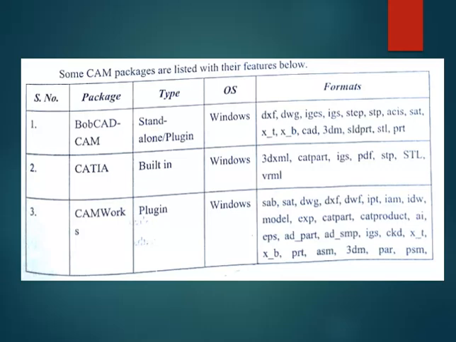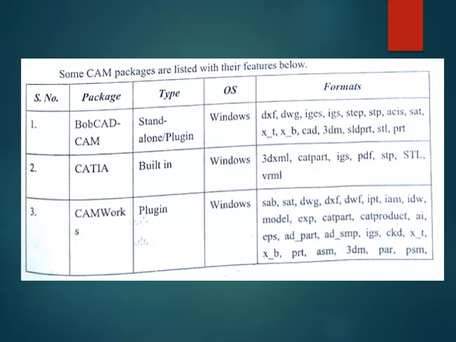So see here, the second software is CATIA. CATIA is built-in software. It operates in the Windows OS, and its formats are IGS, PDF, STL, VRML. And CAMWorks is plugin software, not standalone software.